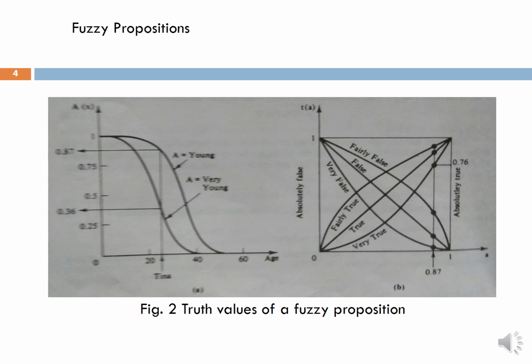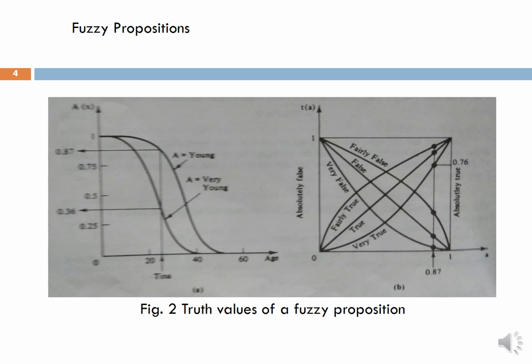In figure A we have taken age and A of x, with very young and young. Depending upon the age, up to 20 or 25, it is young. When Tina is reaching 40, you can say it is young, and below 40 it is very young.